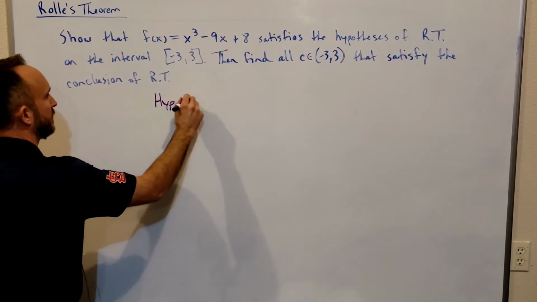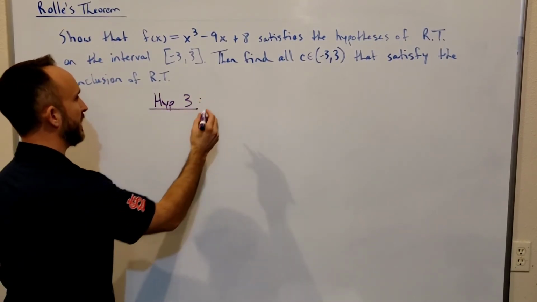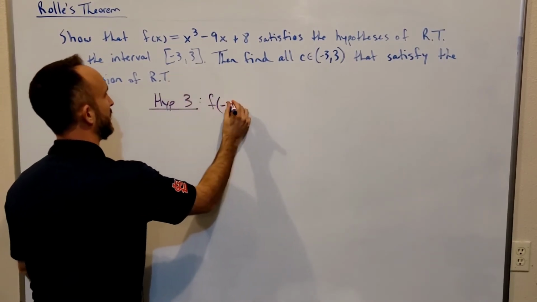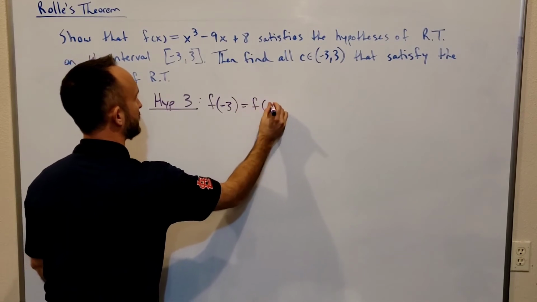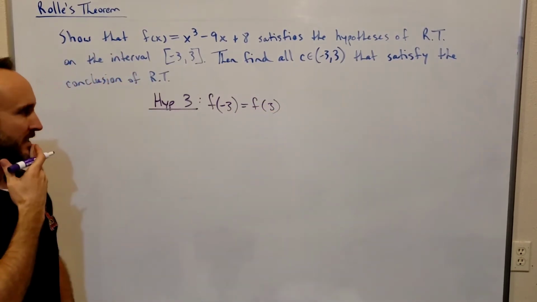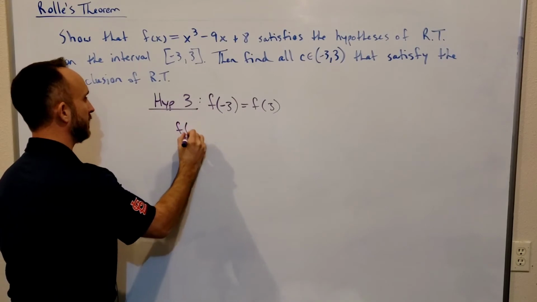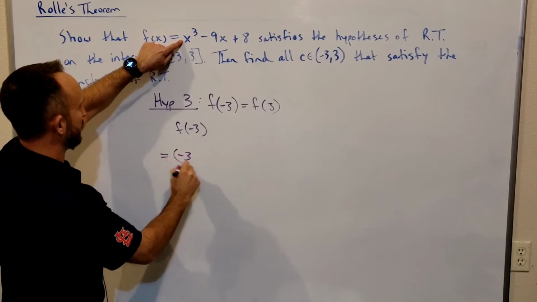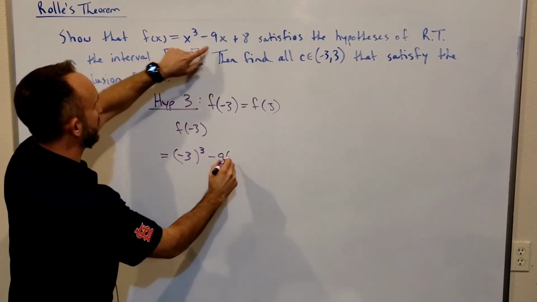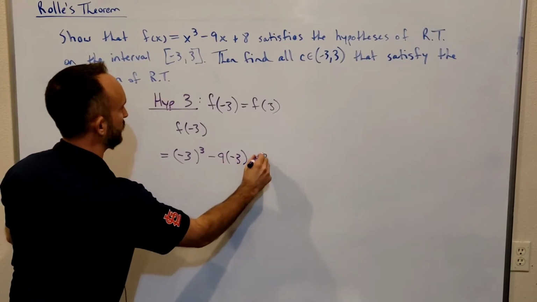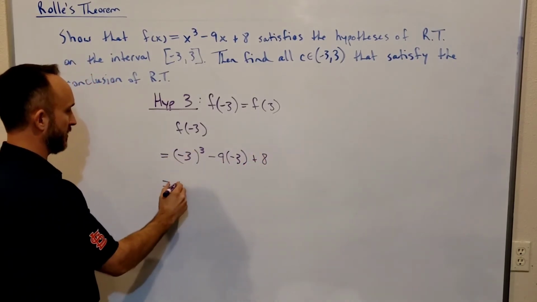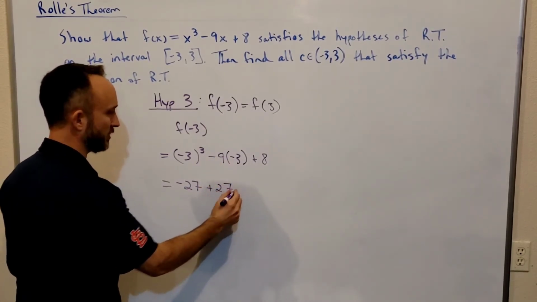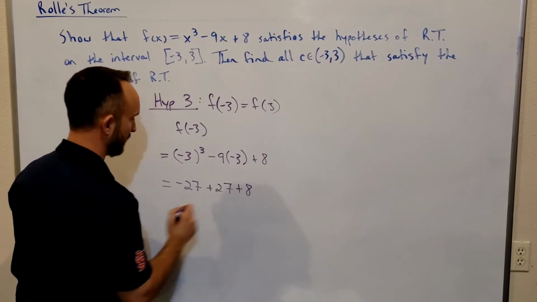Hypothesis 3 states that f of a equals f of b. So in this case, f of negative 3 better equal f of positive 3. This one's pretty easy to show. Let's look at f of negative 3. F of negative 3 is negative 3 cubed minus 9 times negative 3 plus 8. So we get negative 27 minus negative 27, which is plus 27, plus 8.